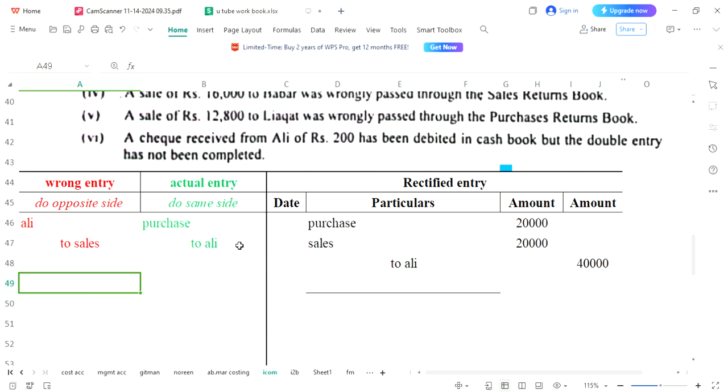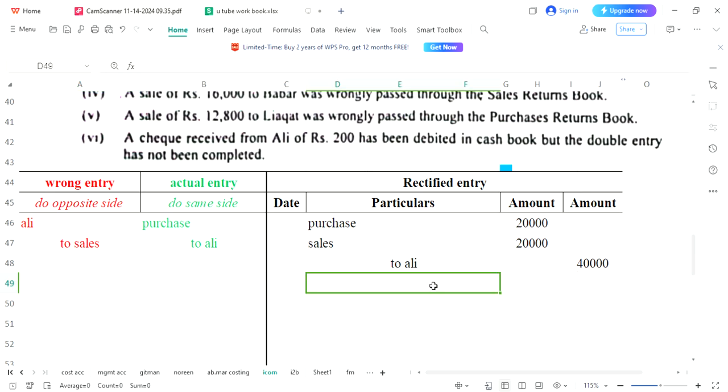Ali was required to be written on credit side, but we have posted on debit side. It means it's a double error, and double error would be corrected by double amount. So wrong sales book now rectified.